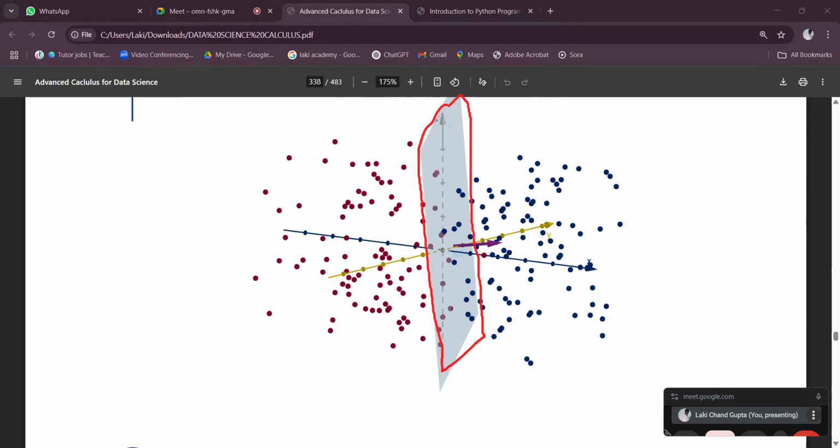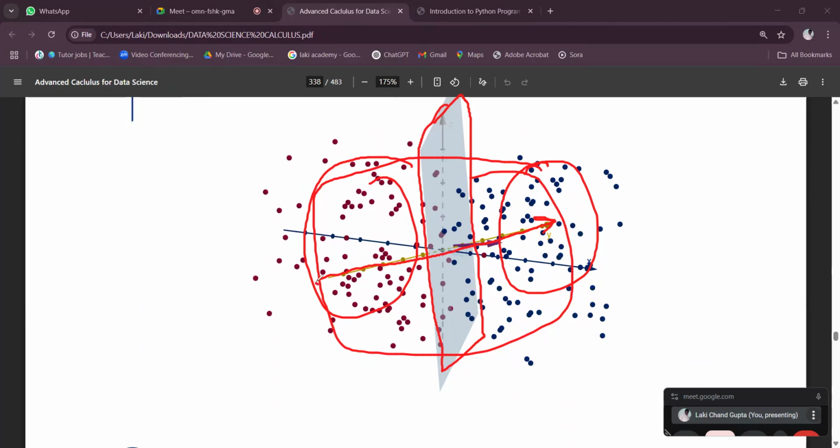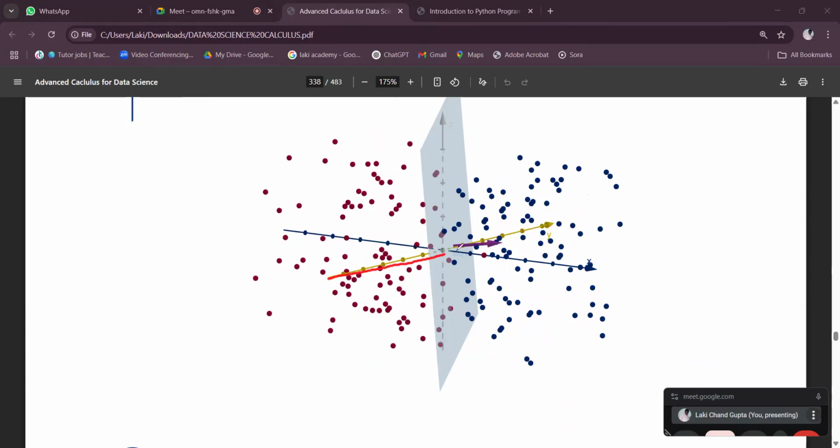The left side of the plane has red balls and the right side has blue balls. This line represents the equation of normal. You can see the average value of these balls is represented by the equation of normal. This is a combination of all the balls which gives an average mean value.